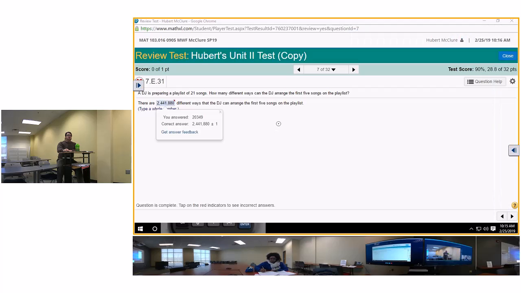So that'd be 21 permutation 5. And I don't agree with that because just because it says the first 5 songs, that doesn't mean order. Order means... Oh, I guess it does. Yeah, it does. Same thing as the trifecta, the first 3 horses. So I was wrong on that one.